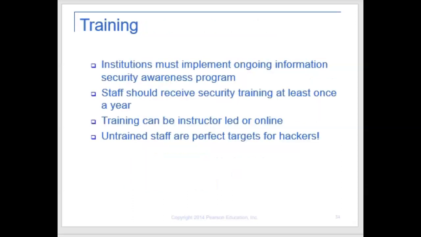Now, as always, I've said the cheapest dollar, the best dollar spent in IT security is in education or training. And so the interagency guidelines require institutions to implement ongoing information security awareness programs. This is widely interpreted as embodying the NIST SETA model of security education.